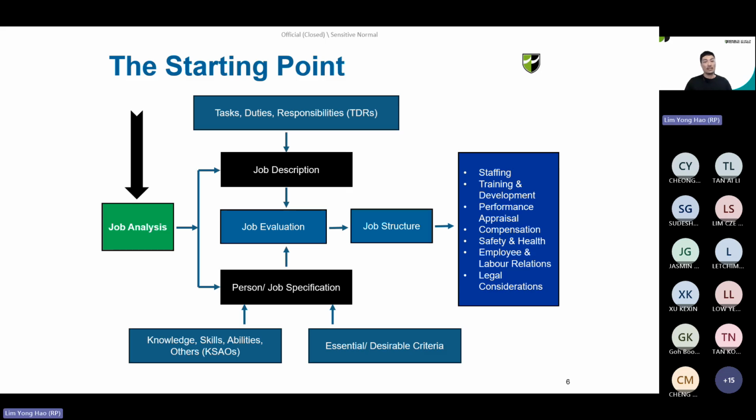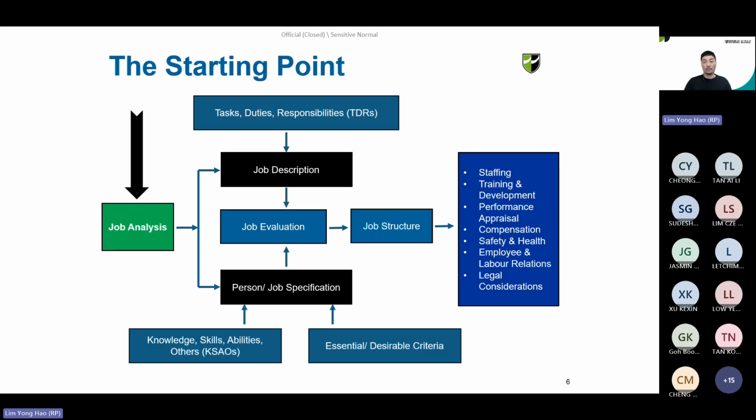In general, we call these the TDRs. These are what employees are doing on a day-to-day basis based on what they are hired for. Sometimes some of these tasks, duties, and responsibilities may be very clear. Sometimes they may not be so clear, a bit fuzzy.